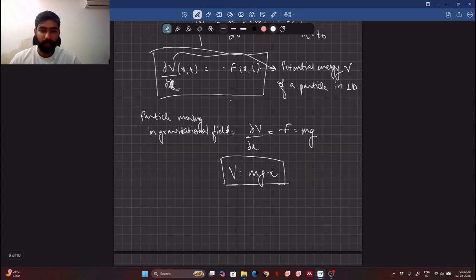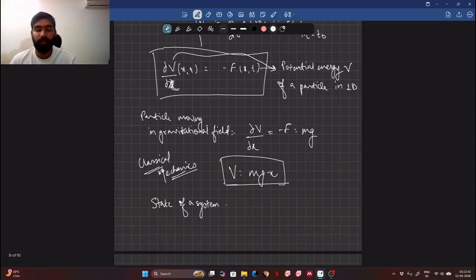When we are talking about the state of a system, these were the basics of classical mechanics, which will help in later stages. So in quantum mechanics, when we are talking about the state of a system, psi tells that there is an existence of a wave function.